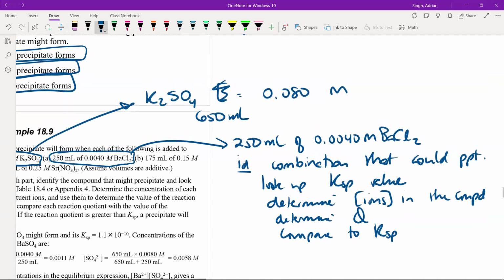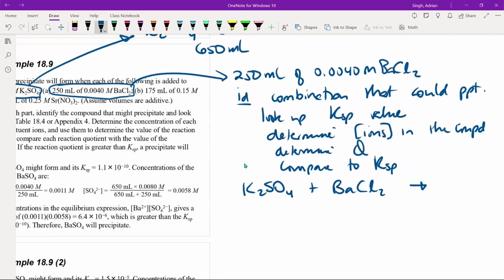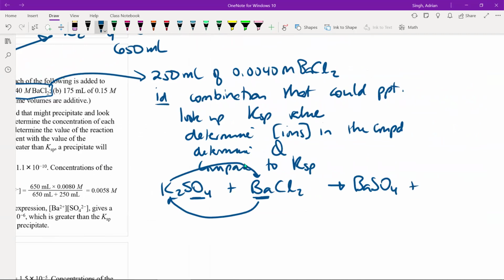So in this first combination here, we have K2SO4 reacting with BaCl2, right? So the combinations here that could form would be barium sulfate. So we're swapping the ions, and that's a double replacement reaction. So we can get barium sulfate as one combination, and then the other combination would be potassium chloride, KCl.